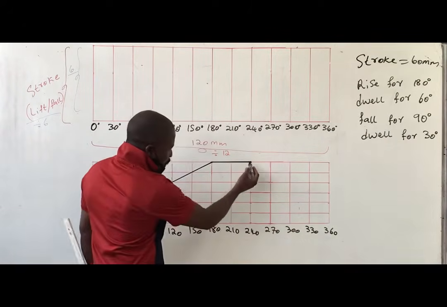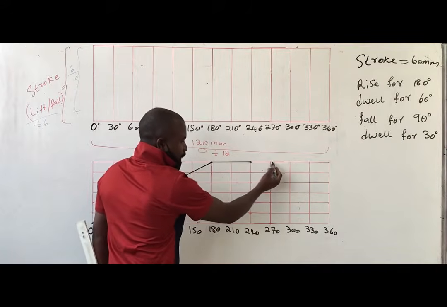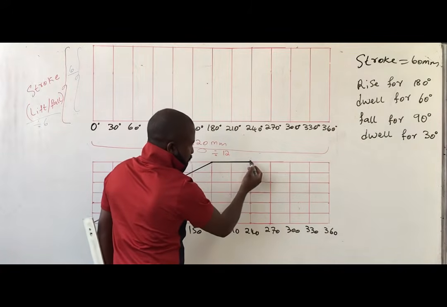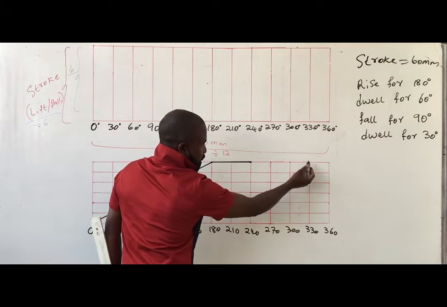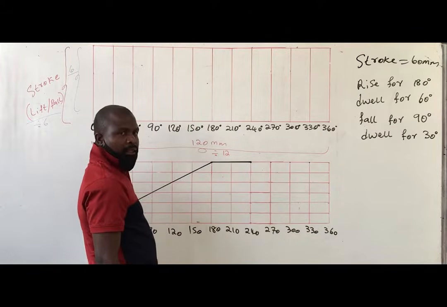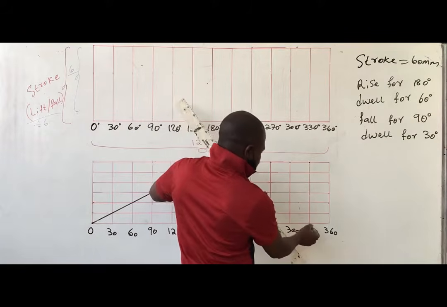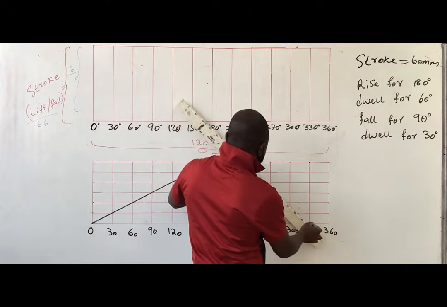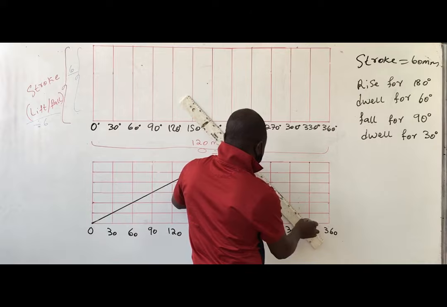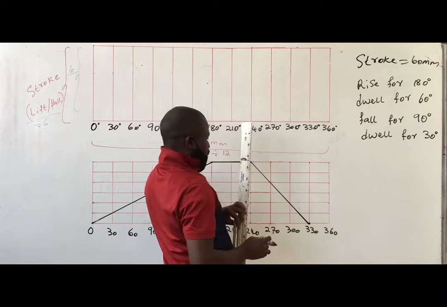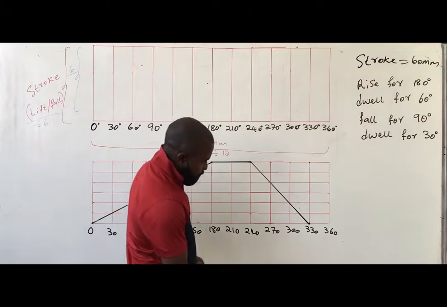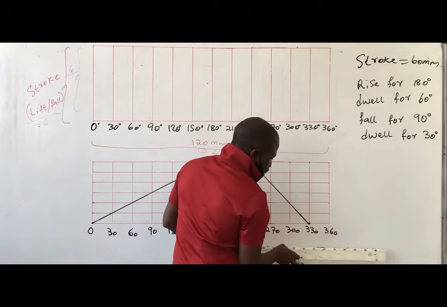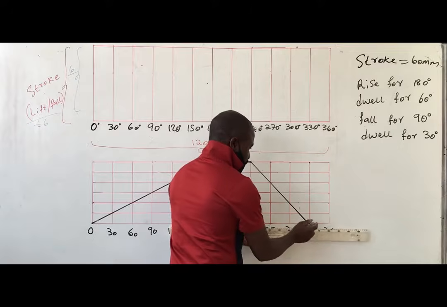Therefore, from where we have stopped, we need to count 90 degrees: 0, 30, 60, 90. It means it must fall until 330. Straight line, the bottom must fall until the bottom. There it is. It has fallen. From there, they say dwell for the remaining 30.